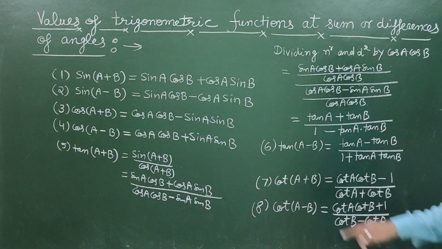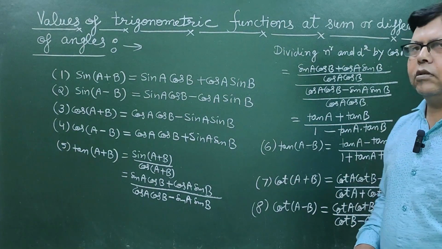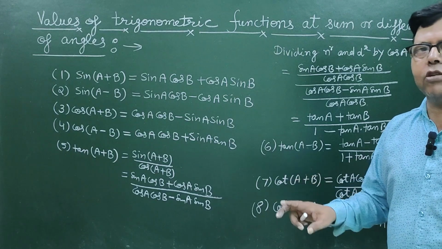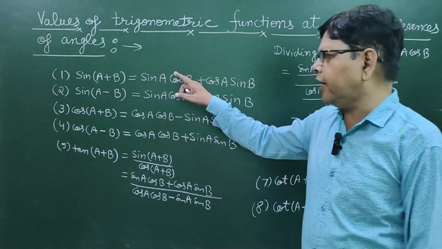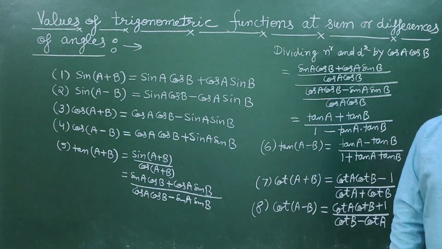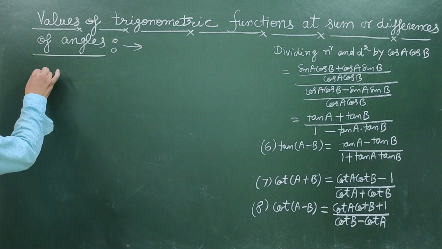So these were some of the formulas in which we have calculated the sum or difference of the trigonometric functions sine, cos, tan and cot. Next, formula number 9.